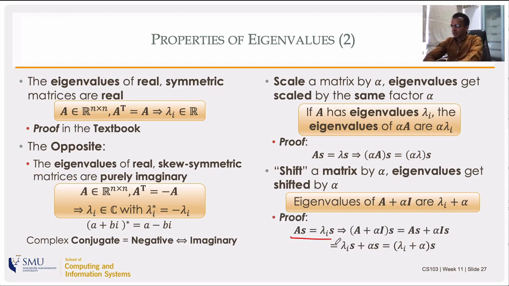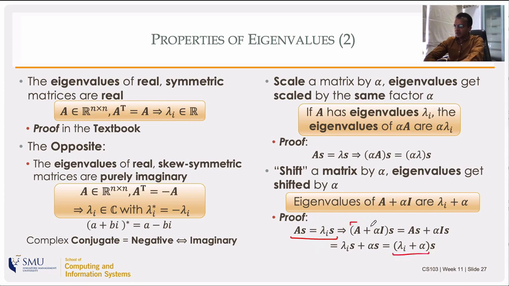So we have AS equal to lambda I times S for some eigenvector corresponding to lambda I. Now I just add alpha I to A and multiply by S. So I expand it out. I get AS plus alpha IS. So that is lambda IS because AS is lambda IS. And then I have alpha S because I multiplying S will give me just S. And then I can pull out S. I'll get this guy.